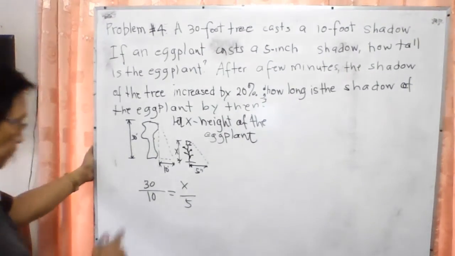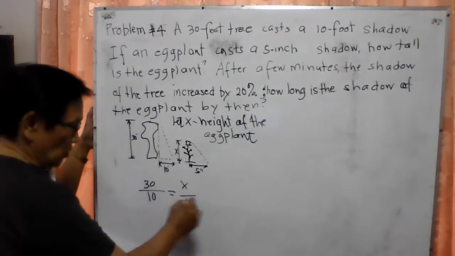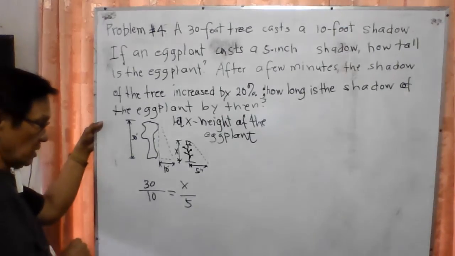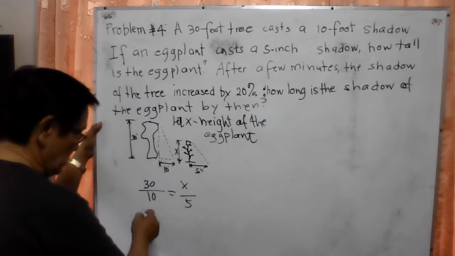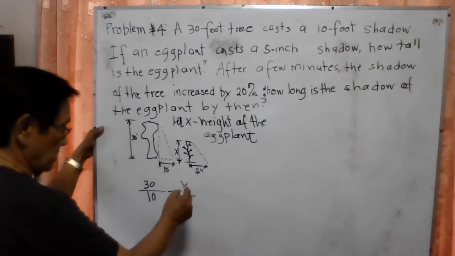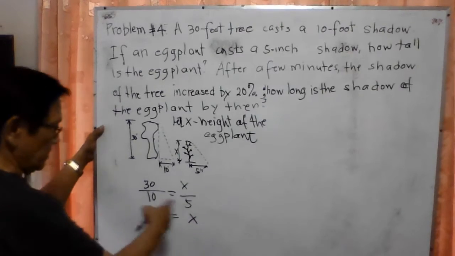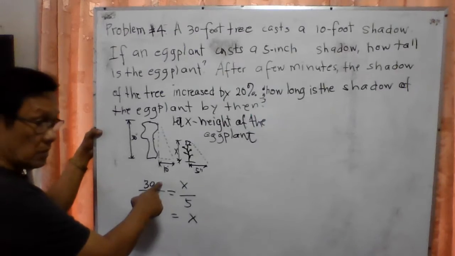So, if you want to solve now for X, you have to simplify this so that you don't have a fraction. And you move this to the other side in order that you could have X only remaining. If you move this to the other side, this is denominator, this becomes numerator here.